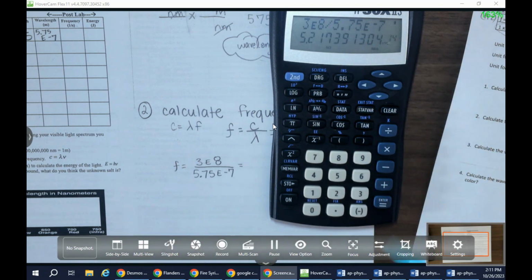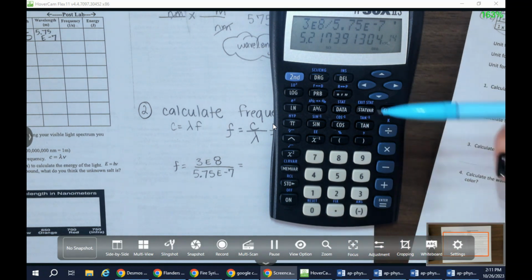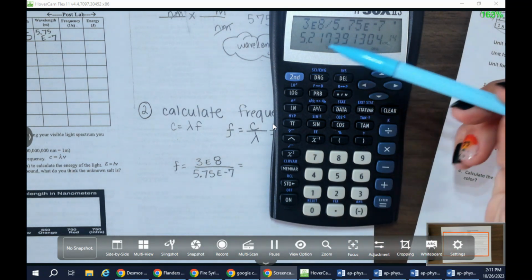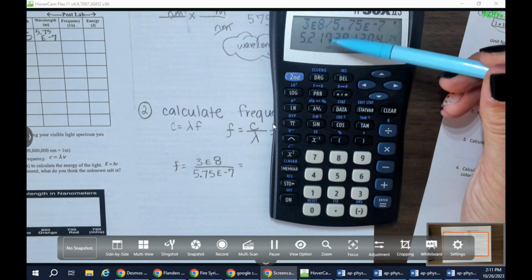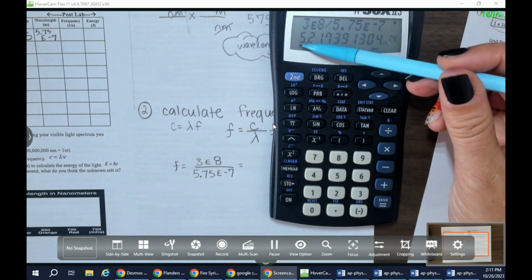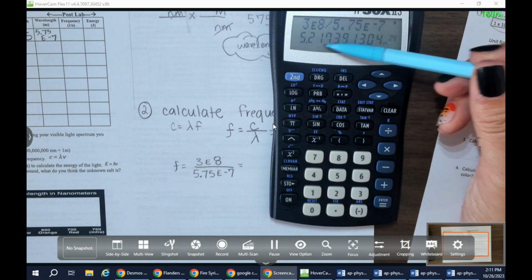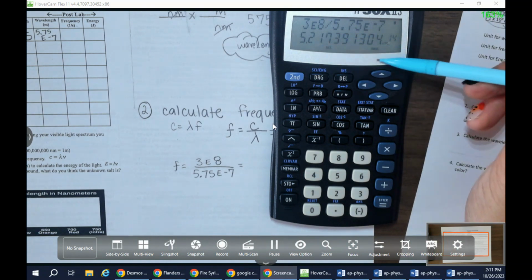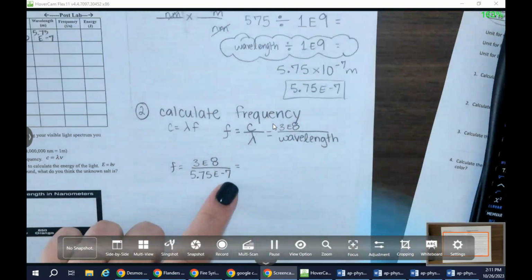Just go to the second decimal place. Preferably you should round, but if you forget to do the rounding rule, then just go to the second decimal place and that'll be fine. So I'm going to go ahead and round. I'm going to 5.22, because this is a 7, times 10 to the 14th is my answer.